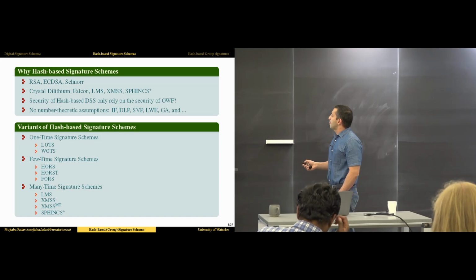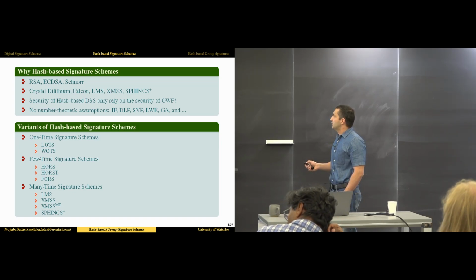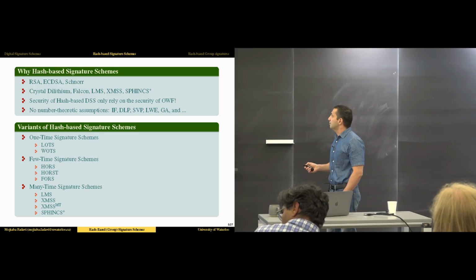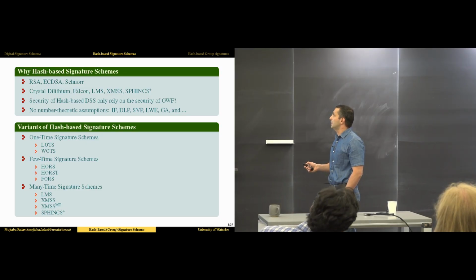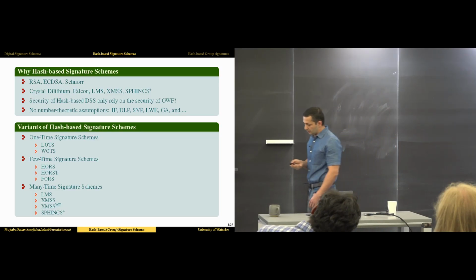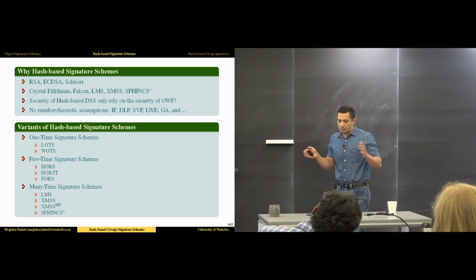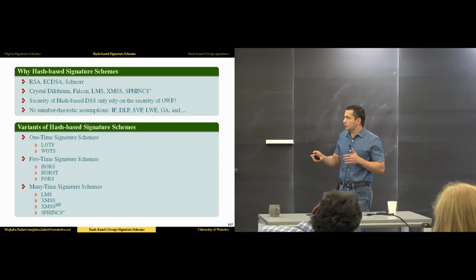So, even though the signature size in hash-based signature schemes is larger, NIST still wants to standardize it. A few years ago, a NIST candidate key exchange scheme was broken, although it was assumed that it is post-quantum.